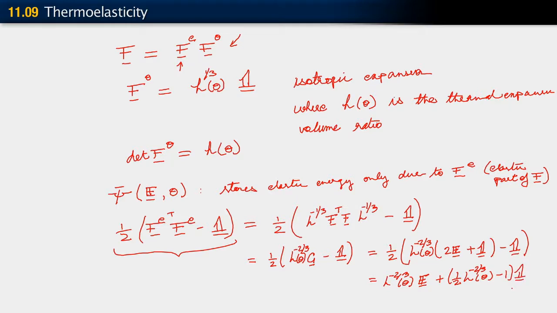Now, we can legitimately call this quantity, which we had on the left-hand side, the elastic part of the Lagrange strain tensor, and we are saying that it has this dependence upon the full Lagrange strain tensor and upon the temperature.